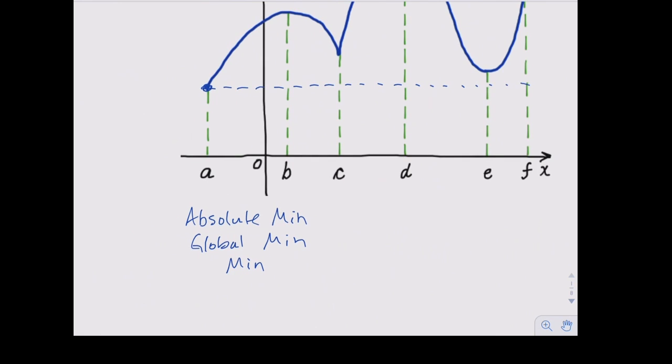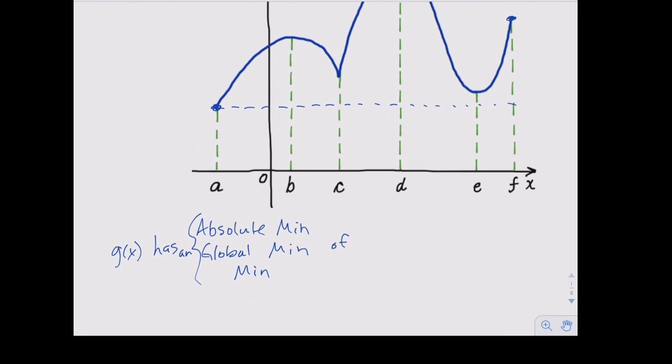Now let's put something in front of there. How about g of x has an absolute min, a global min, or a min of what? If the function's name is g, how do we talk about the function value at a? G of a. Yeah. At x equals a.